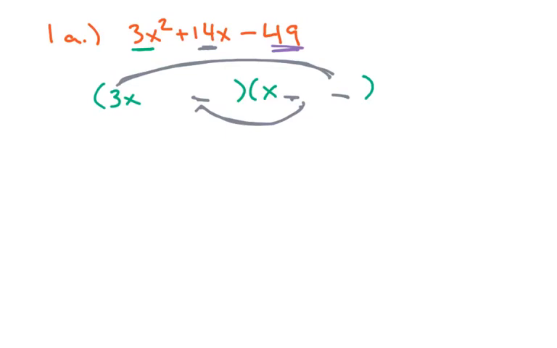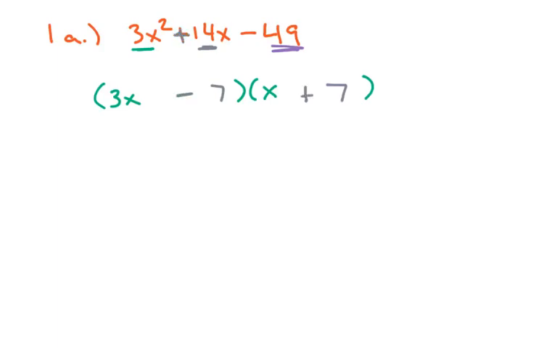So what makes sense is for us to choose 7 and 7 over 49 and 1, because only with 7 and 7 are we going to get even remotely close to 14. So we'll do that, and I'm going to choose plus 21 and minus 7 because I want to get a positive 14. This is all equal to 0.